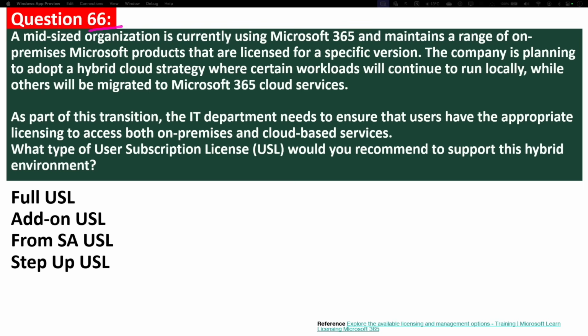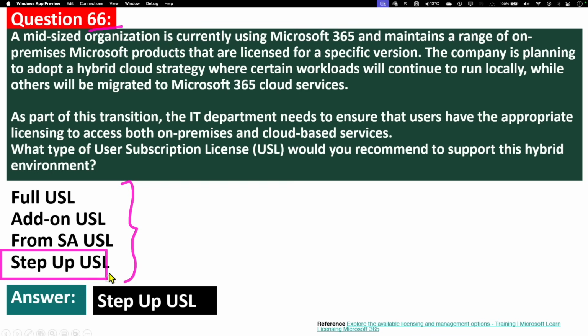As part of this transition, the IT department needs to ensure that users have the appropriate licensing to access both on premises and cloud based services. What type of user subscription license would you recommend to support this hybrid environment? Let's look at the options available. The correct answer is step up user subscription licenses.